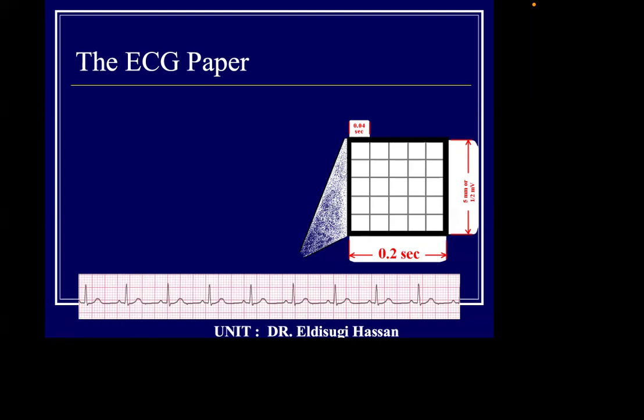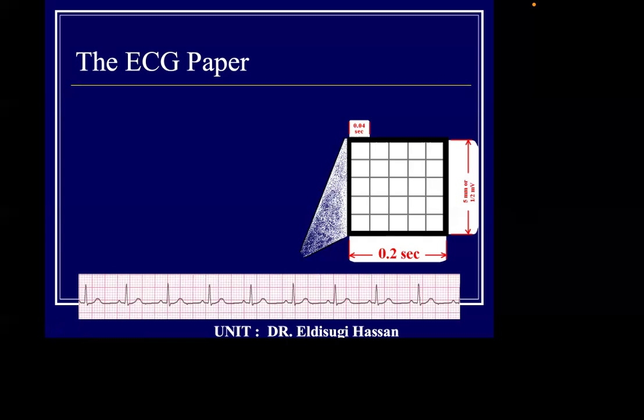And when we say seconds, usually you go horizontally, 0.04 second. And the large box equals 5 small boxes. So if you multiply 0.04 second times 5, you will find 0.2 second. So the large box equals 0.2 second in the ECG.